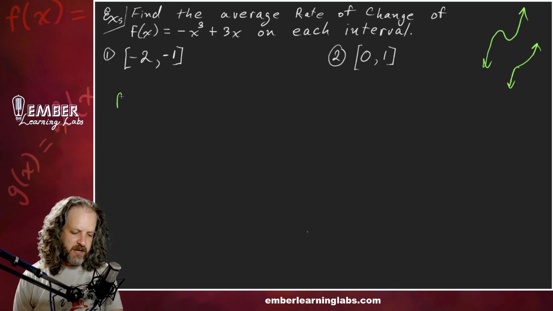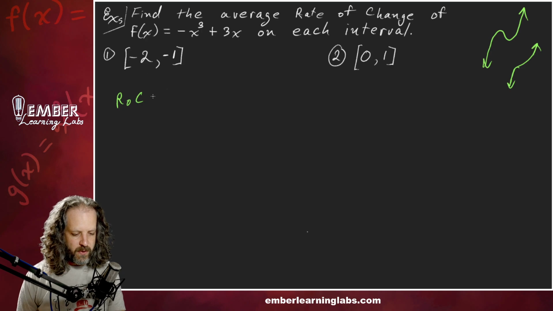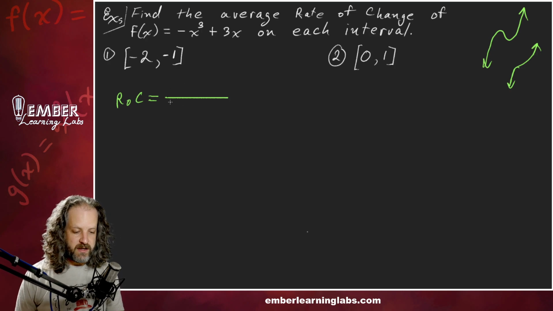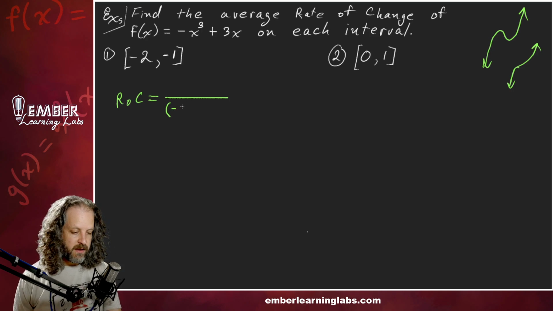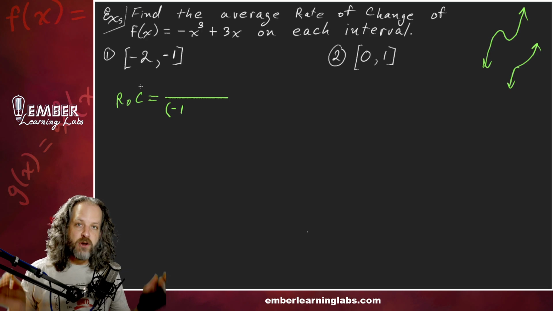So the rate of change: we're going to write it in generic terms, and then we're going to actually find the things and do the numbers. Rate of change is x2, so this one, the -1. It's worth noting, this is not a point. It's a range of values, a domain restriction.